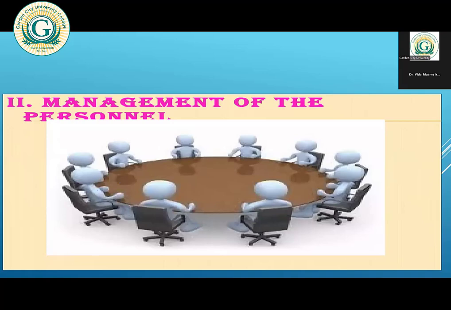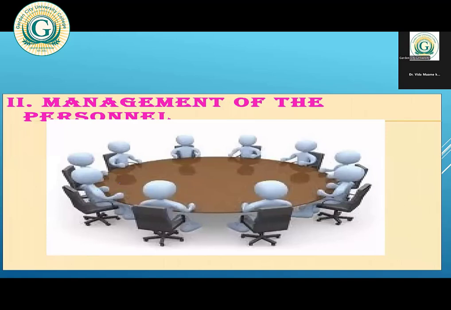The number 2 component is management of the personnel. It's not only about the clients. When I talk about the components, I said number 1 is management of the client care, and that is what we have done. Then number 2 is management of the personnel. How do you manage personnel?